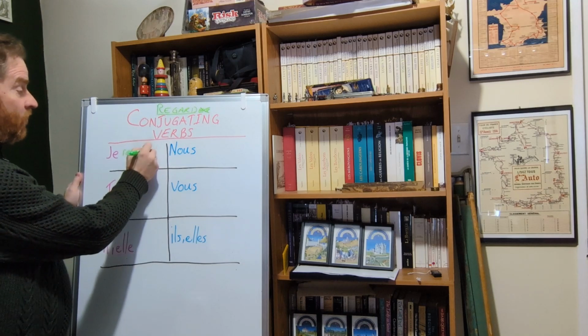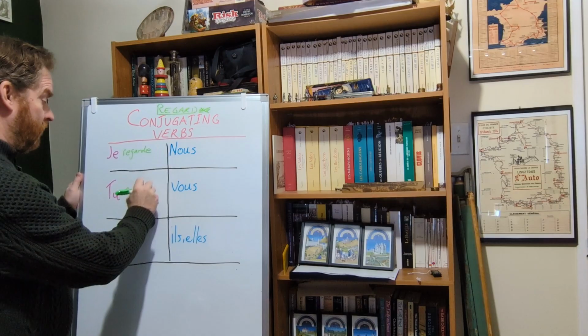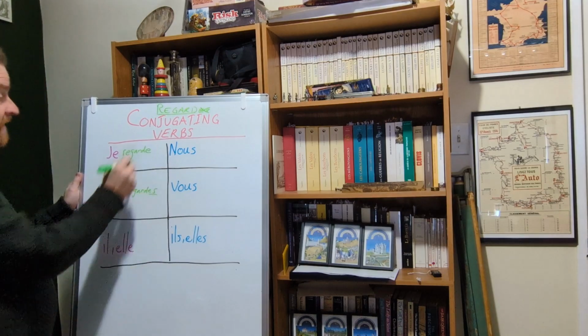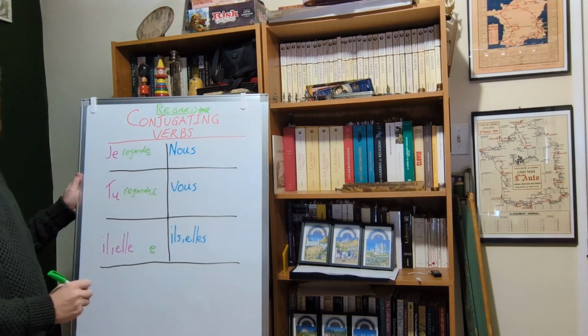So for example, je regarde, tu regardes, we add the es, e is our ending there, e would be the ending for il and elle.